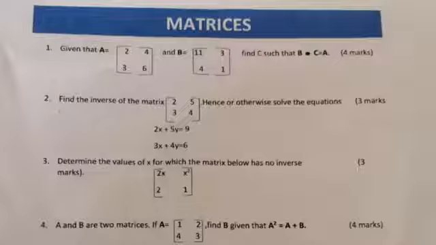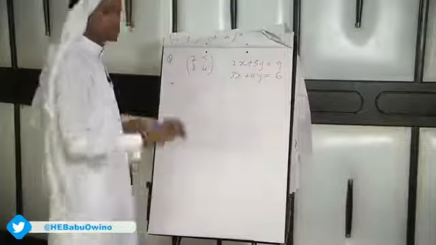Otherwise, solve the equation 2x plus 5y equals 9 and 3x plus 4y equals 6. Find the inverse of this. Before you find the inverse, get the determinant. Let's move slightly forward, faster kidogo. But class, just concentrate in the next few minutes. Such an exam, and I repeat, must come in your KCSE examination this year. Such an example will come. The letters might be different, but the setting style will be the same. So it will come.